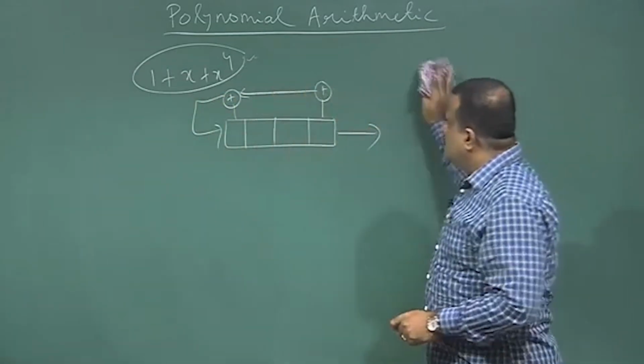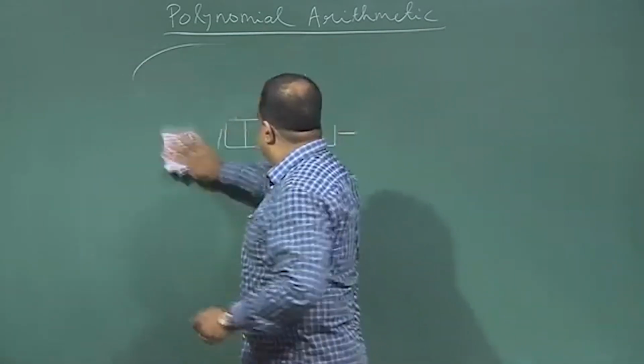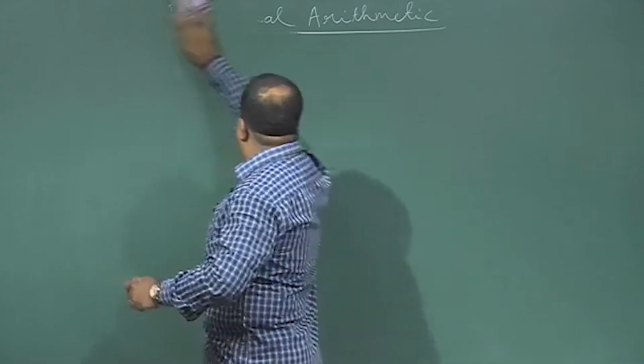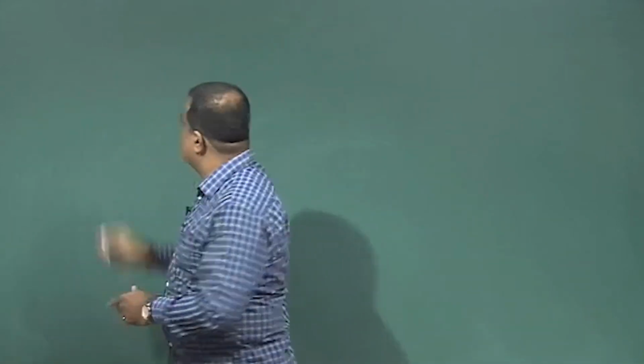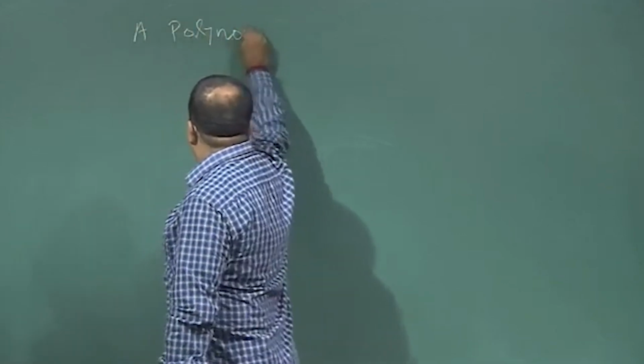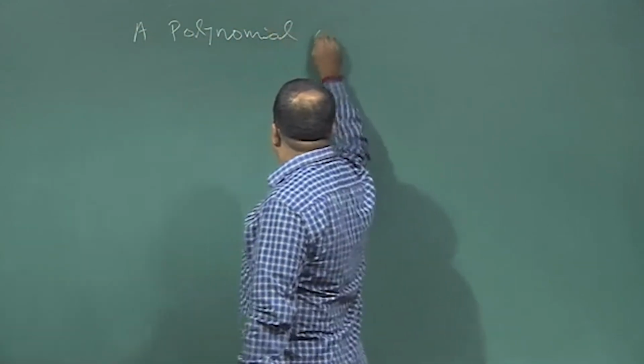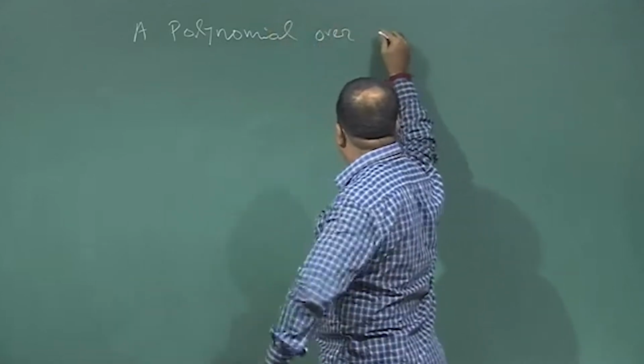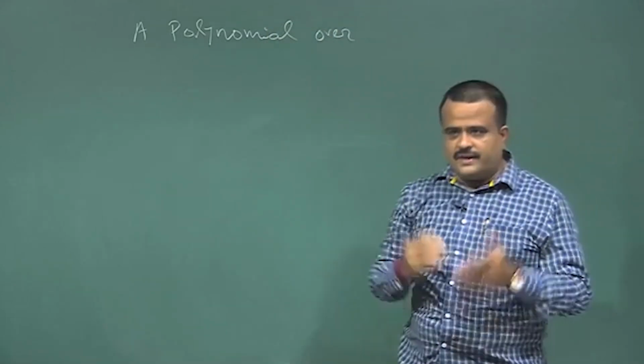So basically, what is a polynomial? A polynomial over an indeterminate x, a variable.